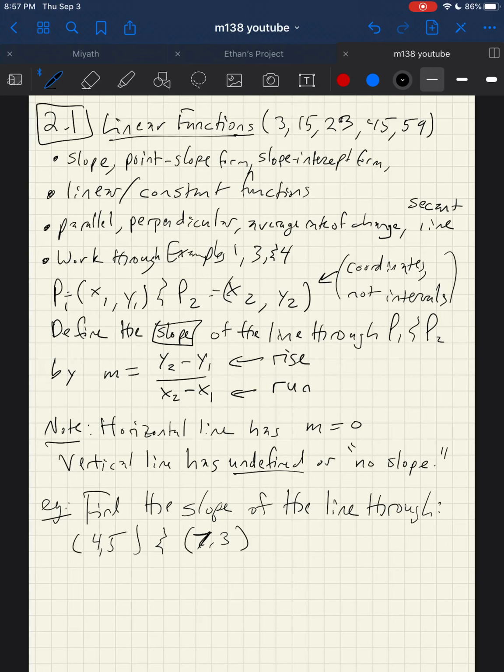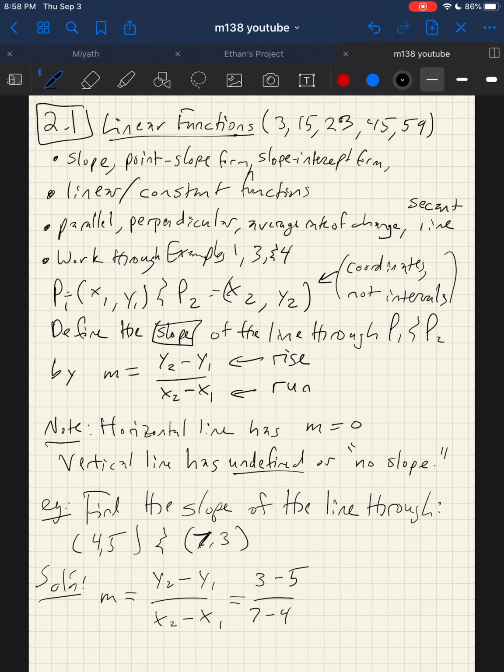Okay, so solution. The slope is going to be, and again I like to write down the formula, y2 minus y1 over x2 minus x1. So I'll do the difference in y values. So I do 3 minus 5 over the difference in x values, 7 minus 4.